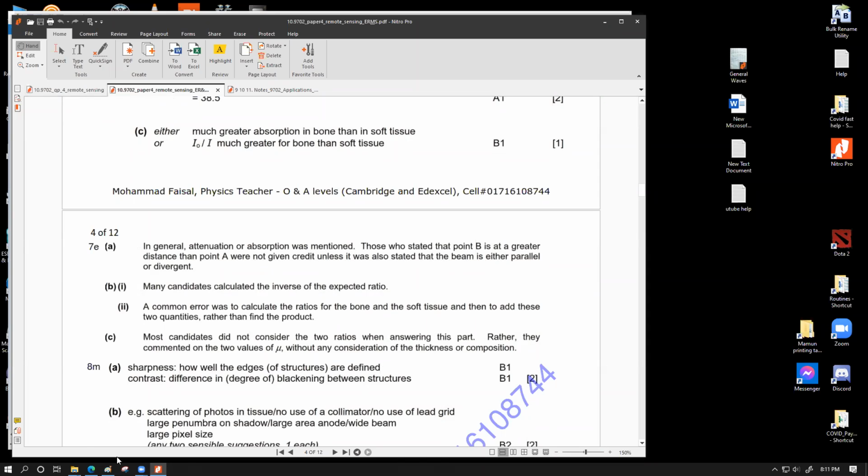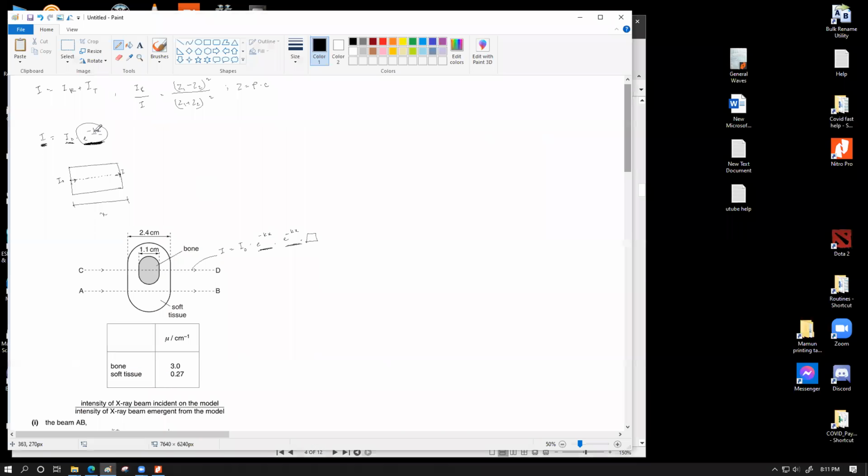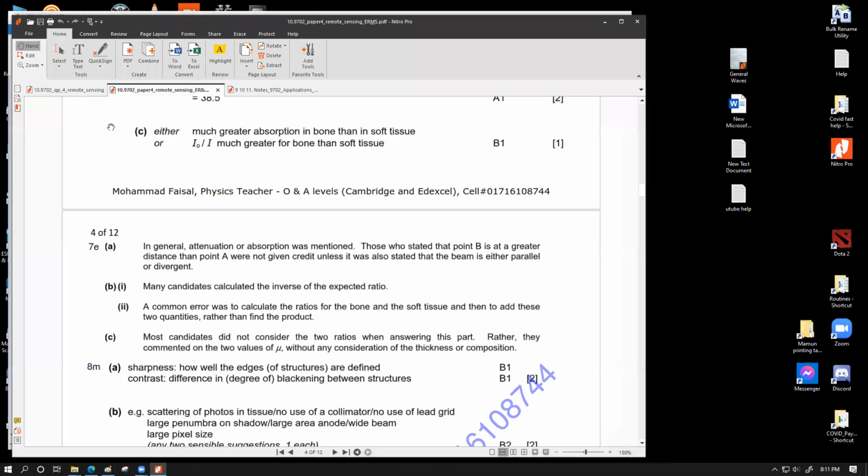In this equation, mu or k, the linear absorption coefficient, and x are multiplied together, so together they produce a combined effect of the absorption. Exclusively the mu would not be a good enough reason.